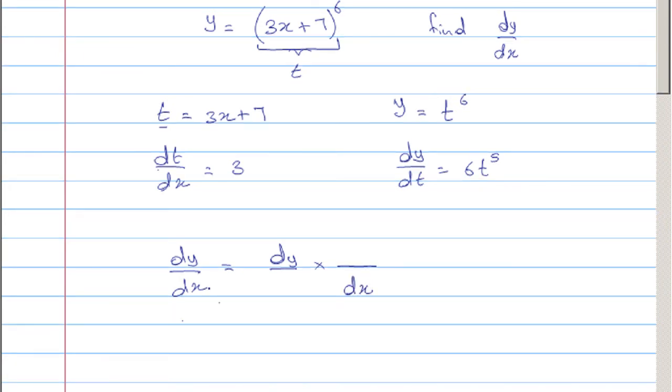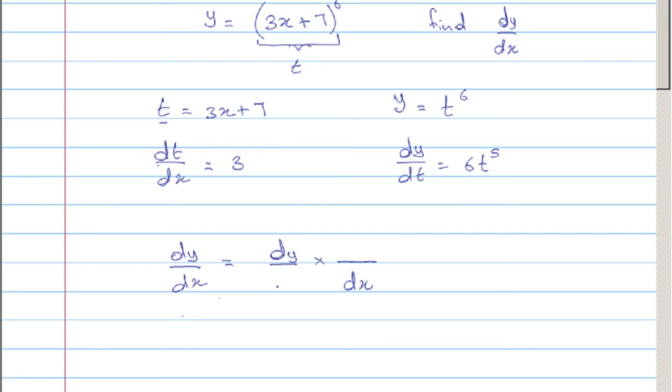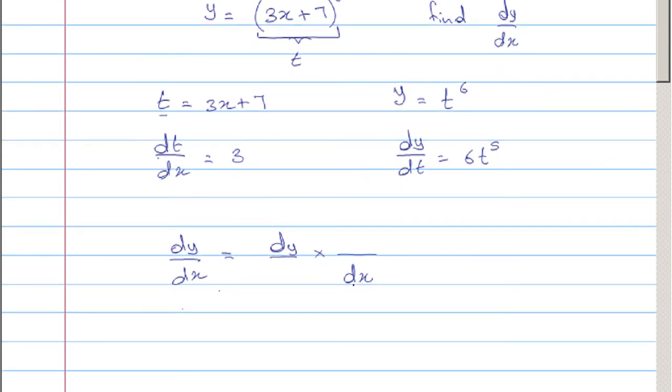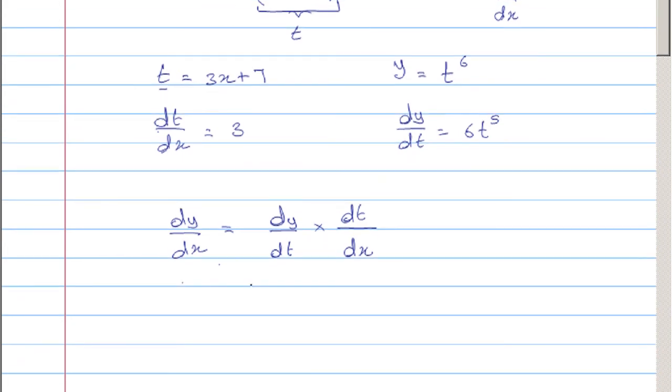Since my variable is t, let's put dt and dt. And you can treat dy, dt and dx like fractions, where you can cancel them off. So on the right hand side I could cancel off dt and dt, and I would get dy over dx, which is the same as the left hand side.